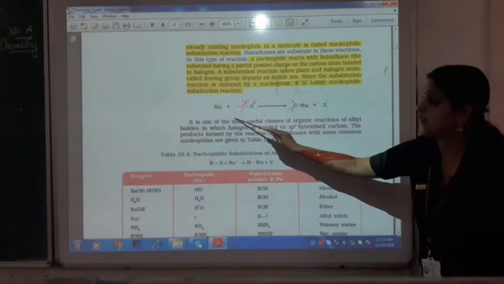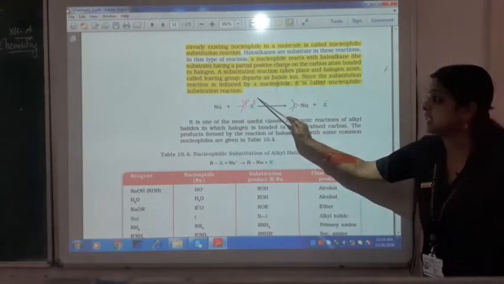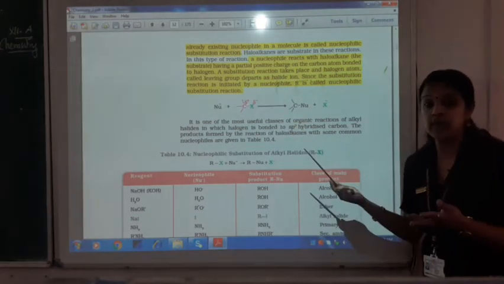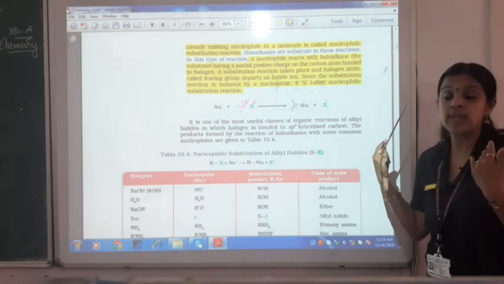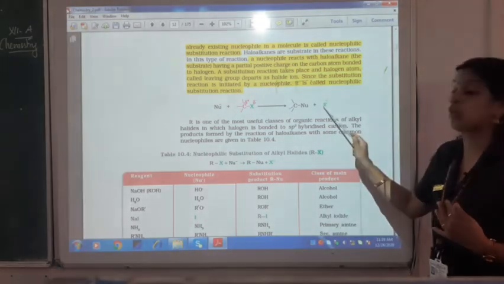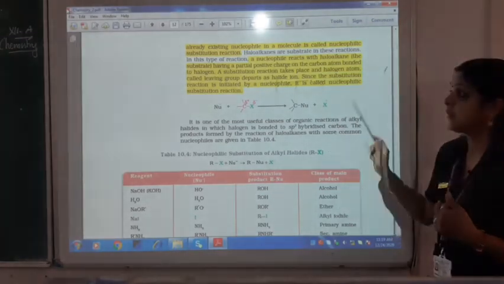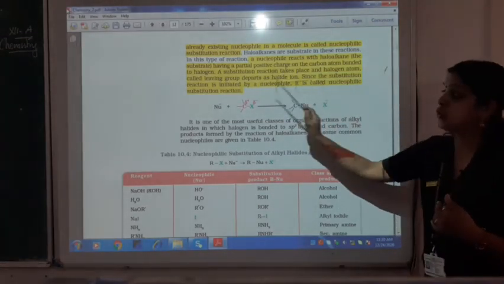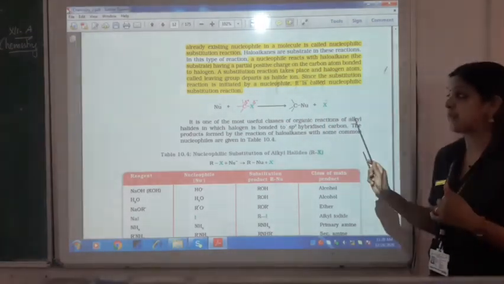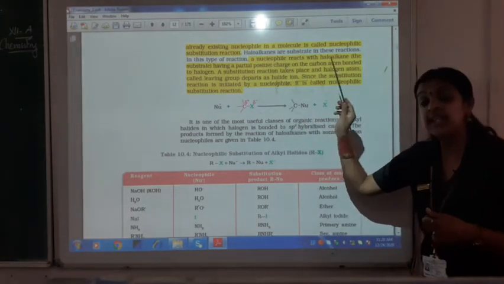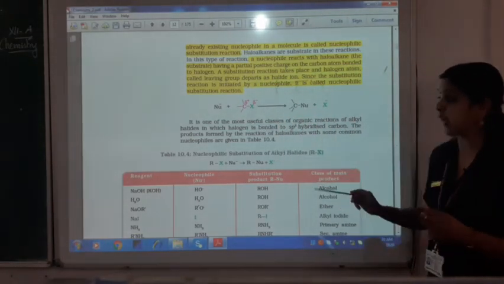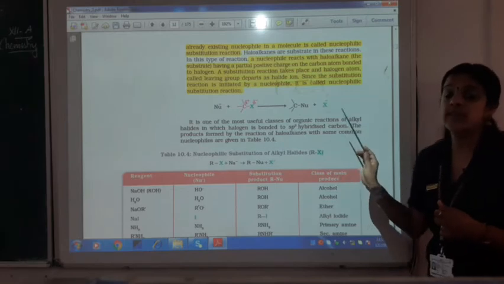When the nucleophile attacks my carbon, this negative charge no longer remains there. It comes out as a leaving group, which we call a halide ion. So it is called a nucleophilic substitution reaction, because this reaction is initiated by the nucleophile. It is one of the most important reactions.